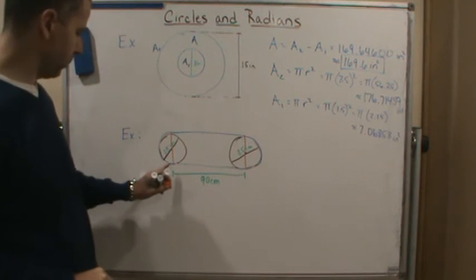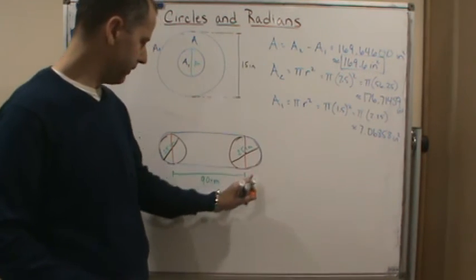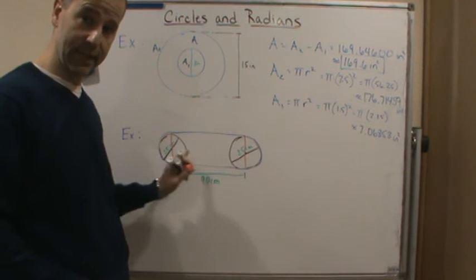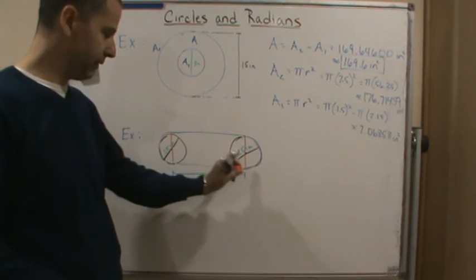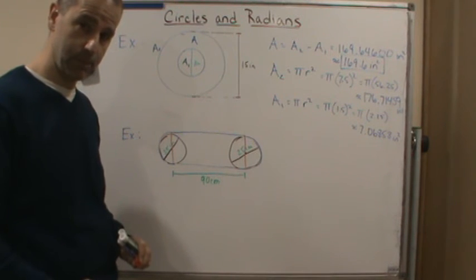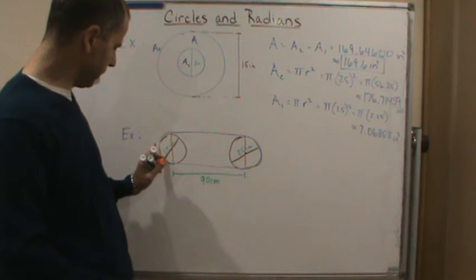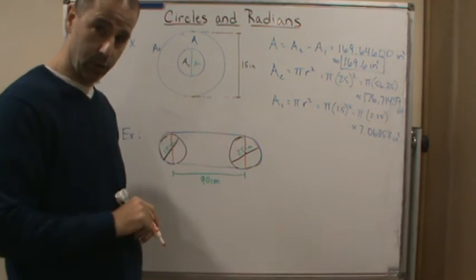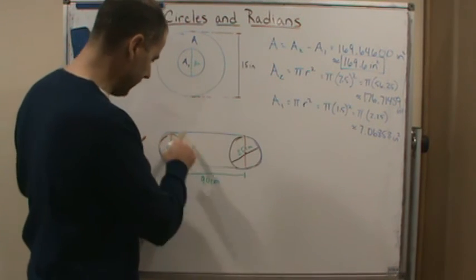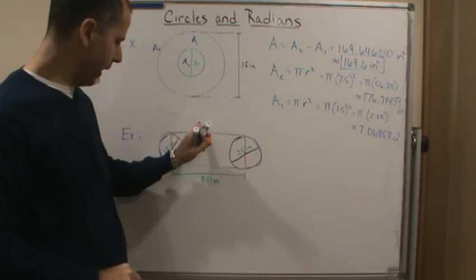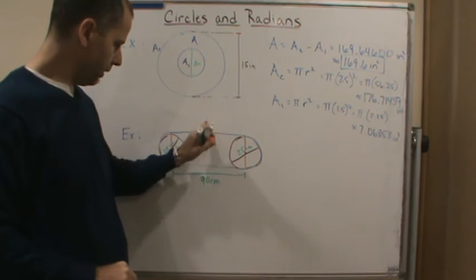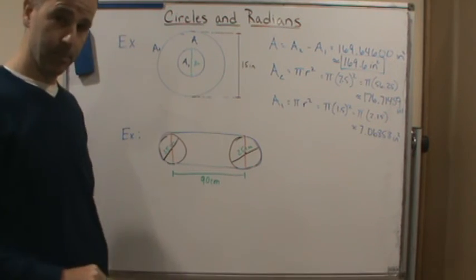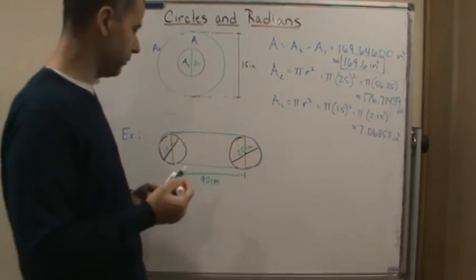You're going to find the perimeter of a half circle here and the half circle here, which, by the way, are the same size circle, meaning that they both have a diameter of 25 centimeters. So we could actually put this half and this half together and just do the circumference of one circle. That'll give us both pieces. And then add twice the length of 90, right? Because we've got this length and this length. Okay, so that's all we have to do.